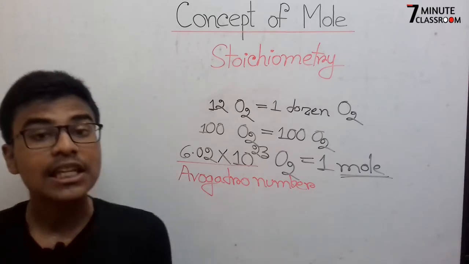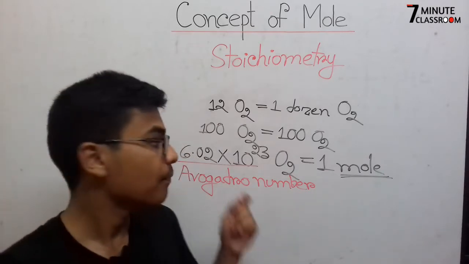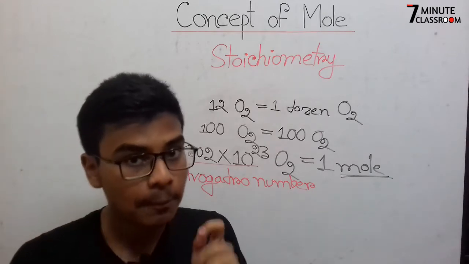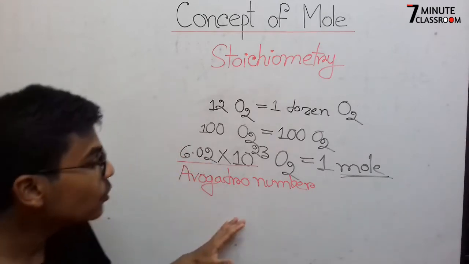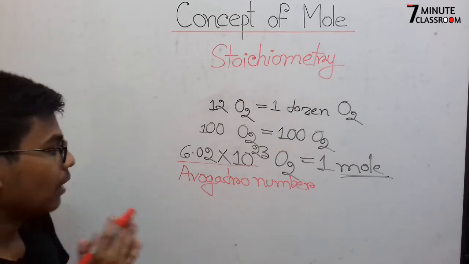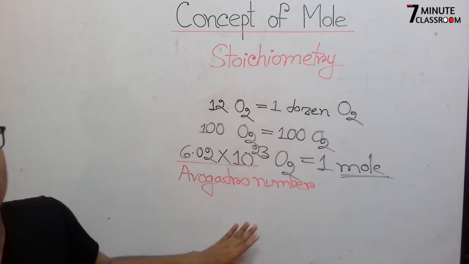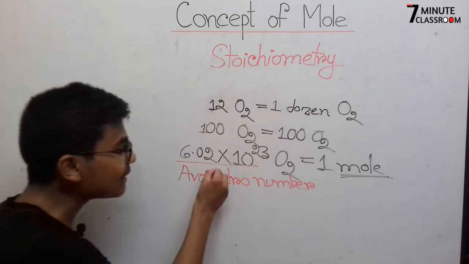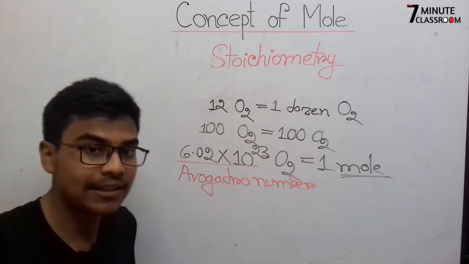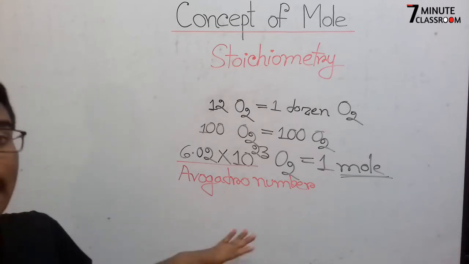I am repeating the definition again: the number of molecules, atoms or ions present in 1 mole of substance is known as Avogadro number. So I hope you have a clear idea about what Avogadro number is.